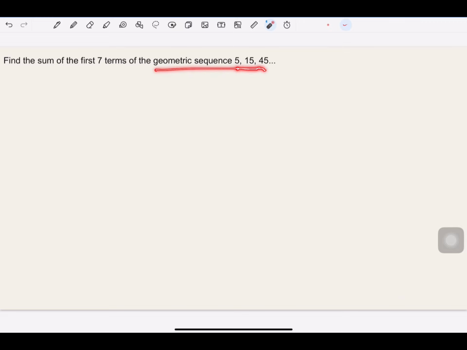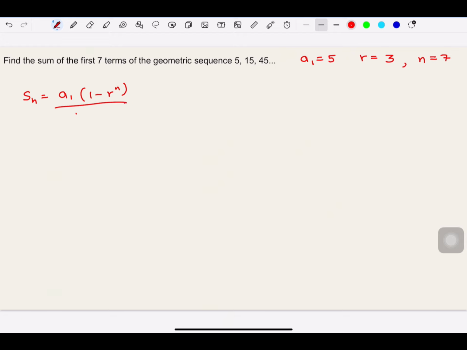Next example. You have to find the sum of the first 7 terms of the geometric sequence 5, 15, 45. In this geometric series, the first term is 5 and the common ratio is 3, and n is 7, since we are looking at the sum of the first 7 terms. So let's use the formula. S sub n is a1 times 1 minus r to the power n, over 1 minus r.